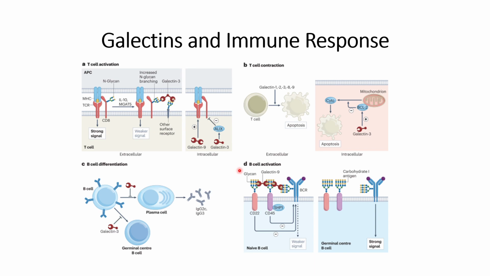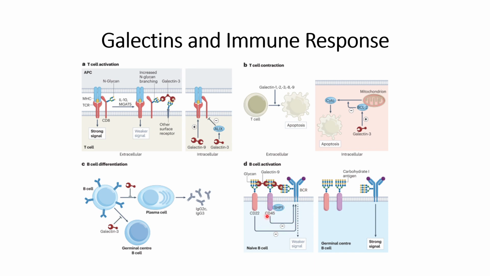The next part is about B cell activation in different cases, such as naive B cells and germinal center B cells. In naive B cells, the galectins help in interacting with CD44 and CD45, and thereby weaken the signal of B cell receptors.